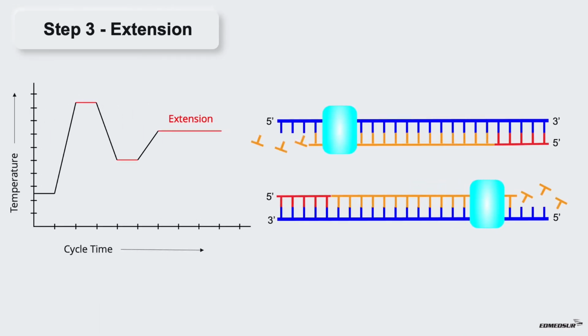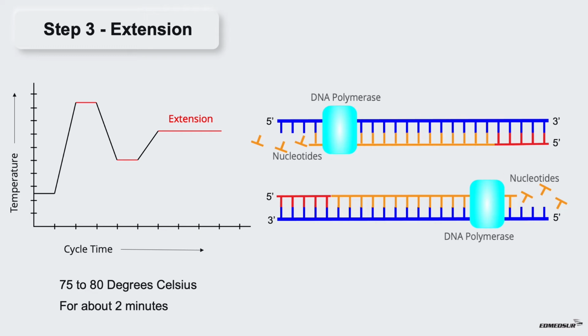Step 3. Extension. In this step, copying of DNA starts. This step requires a temperature between 75 and 80 degrees Celsius for about 2 minutes. For this step, we need DNA polymerase and nucleotides.